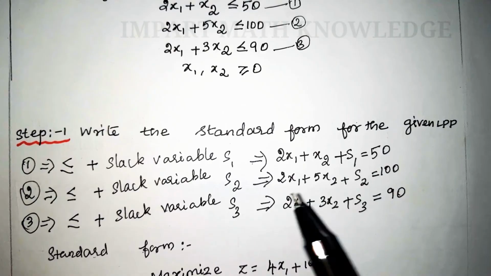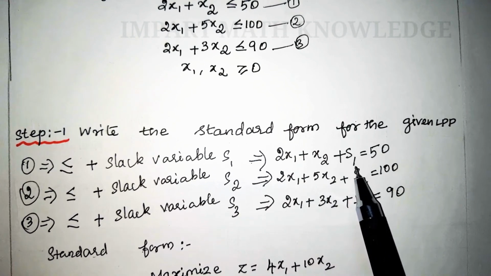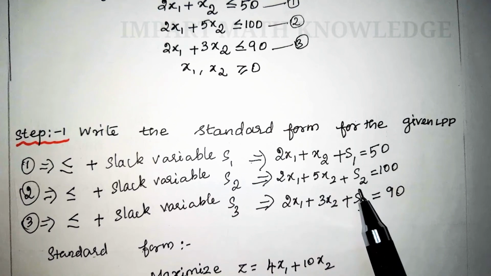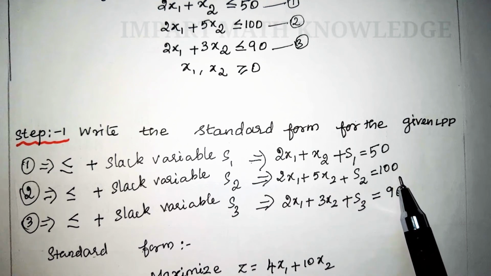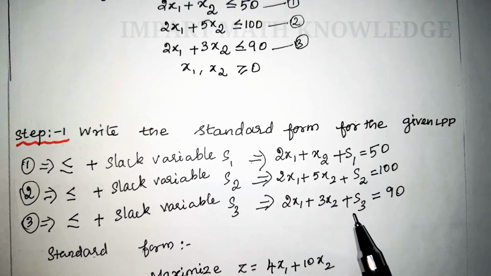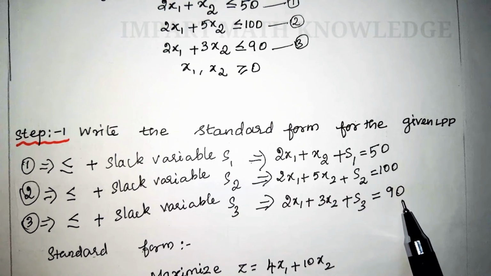That is, 2x1 plus x2 plus S1 is equal to 50, 2x1 plus 5x2 plus S2 is equal to 100, and the third condition is 2x1 plus 3x2 plus S3 is equal to 90.